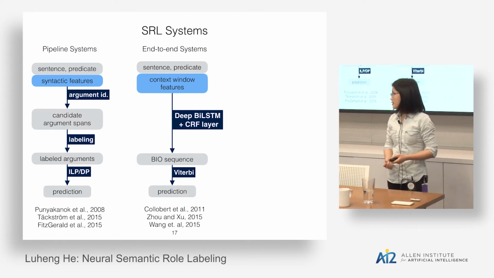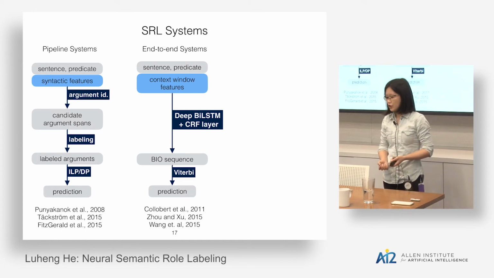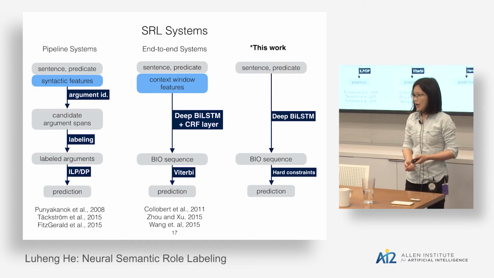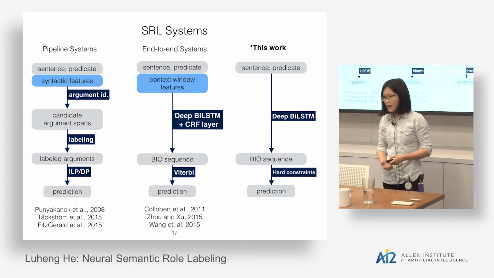As far as I know, several other groups, including me, tried to re-implement the model and failed. And in our work, we further simplified the model by Zhou and Xu by first removing the input context window features and also the CRF layer on top, which also simplified the training process. So I will show you in the next part of the talk how this could work.